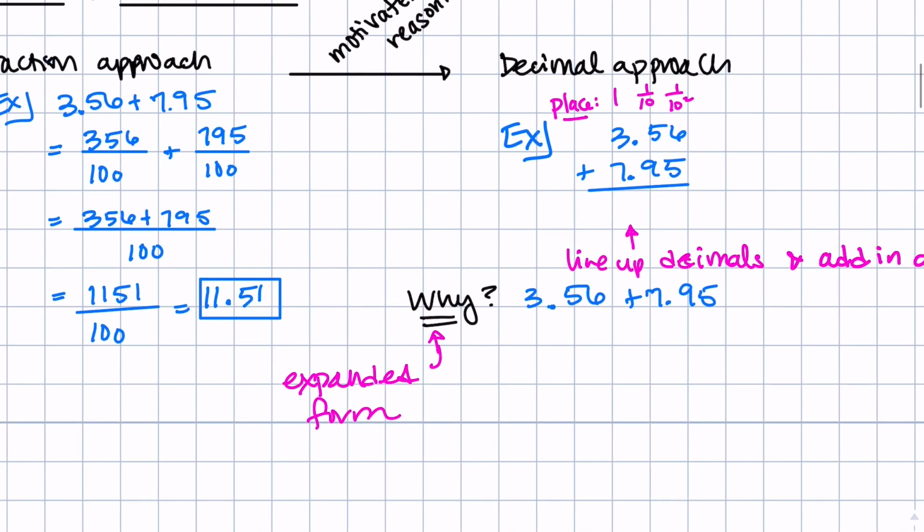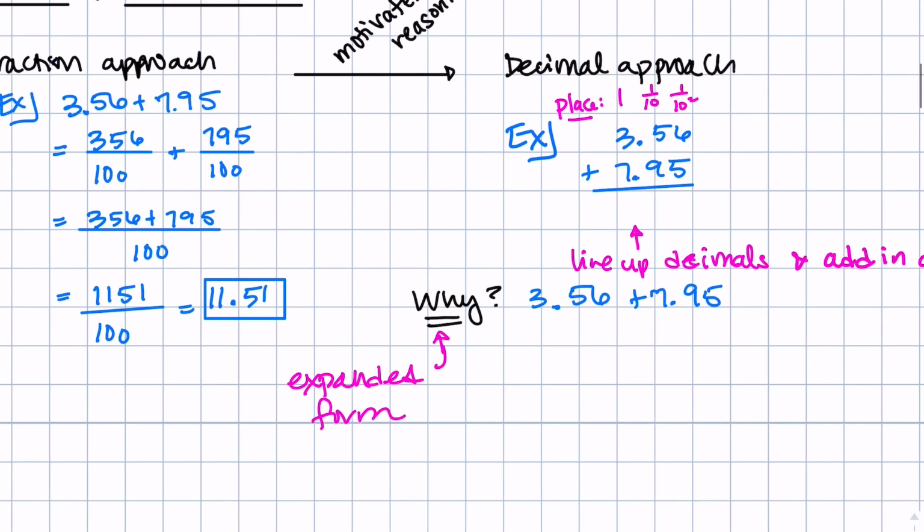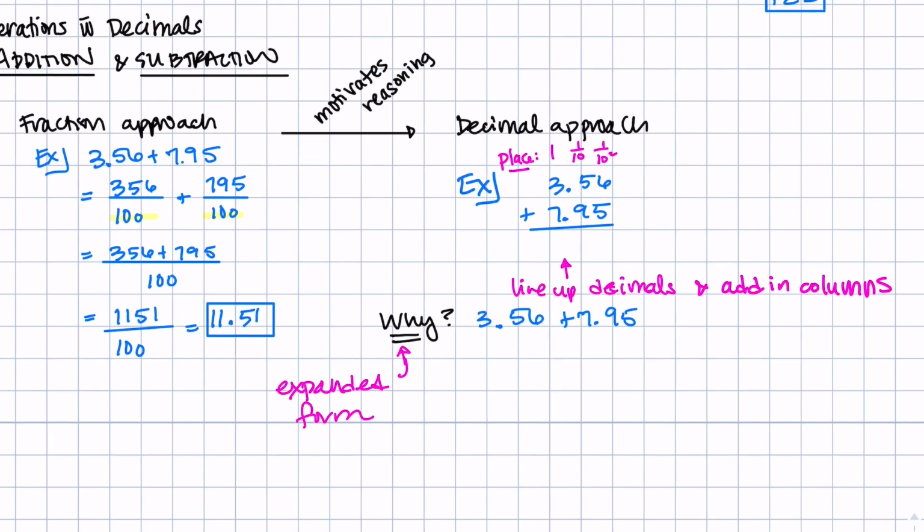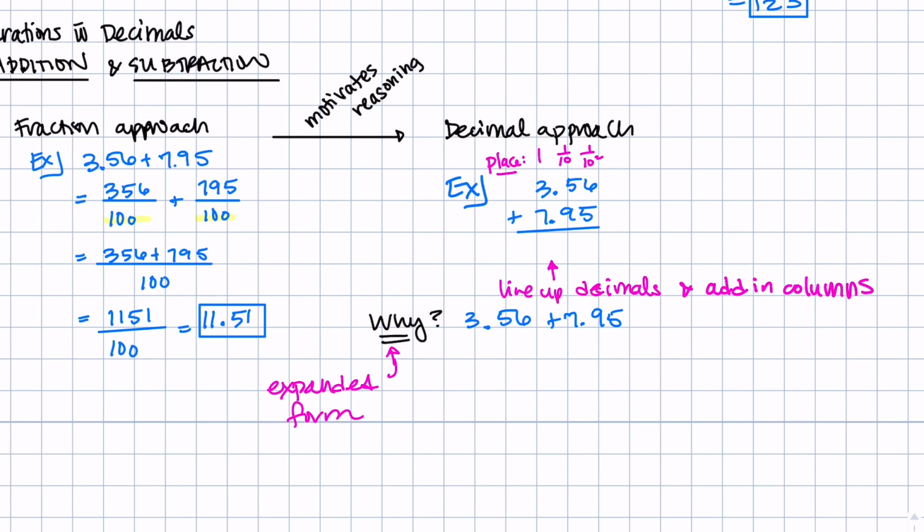All right, so now we want to look at what this does in terms of my decimal approach. So this motivates my reasoning for my decimal approach. We can see that basically what we want to do is get everything over the same denominator and then add the numerators, right? And what that corresponds to is this idea of lining up the decimals so that we can think of being over the same denominator, and then the digits correspond to these numerators.